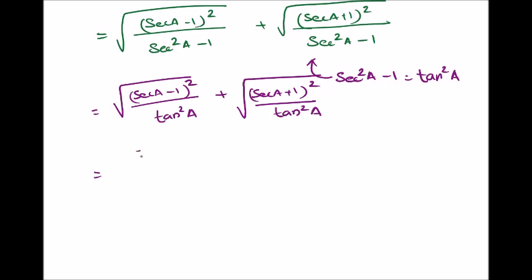So we can write (sec A minus 1) divided by tan A plus (sec A plus 1) divided by tan A.